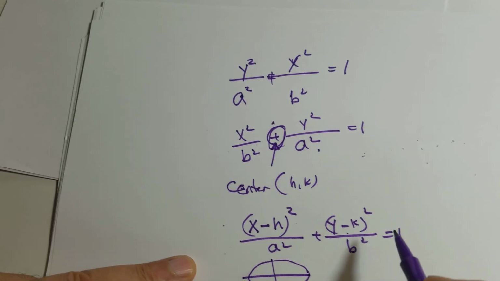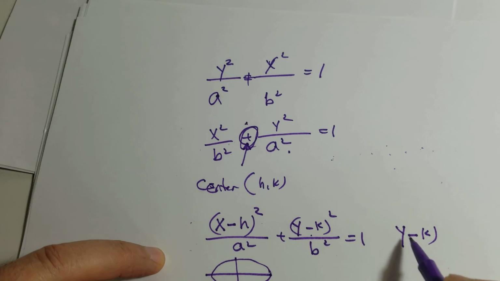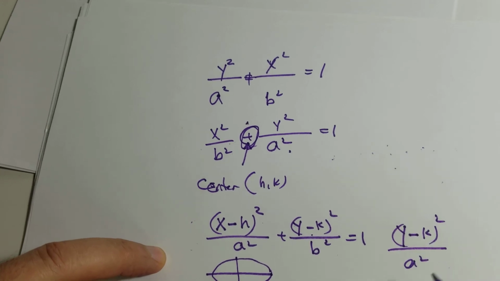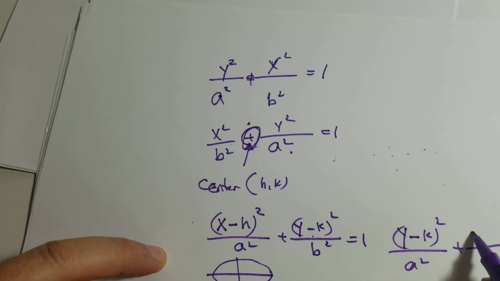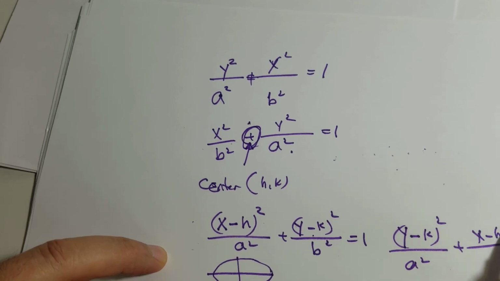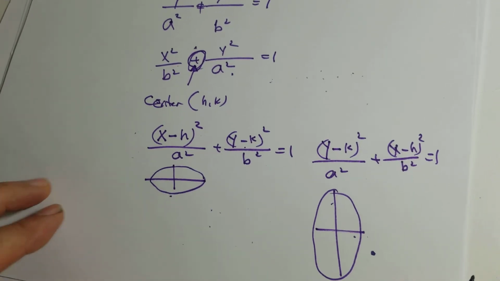But if I switch them and put y minus k squared over a squared, the elongation is along the y and the minor axis is along the x. Therefore, this is another conic section.